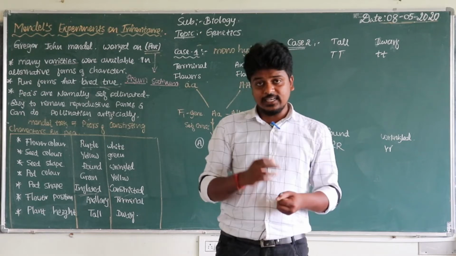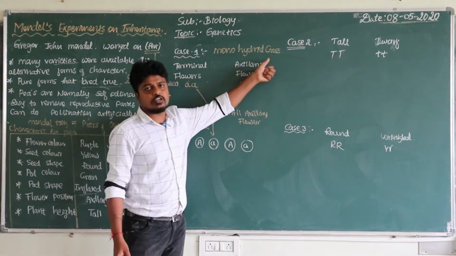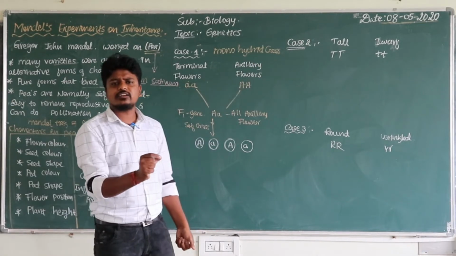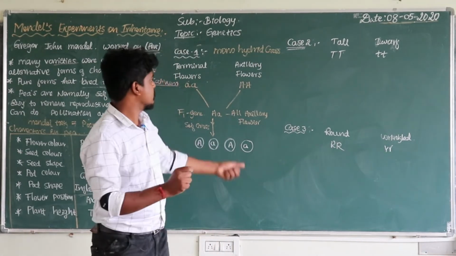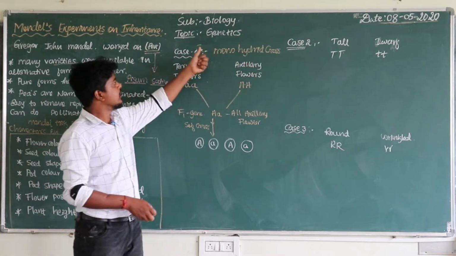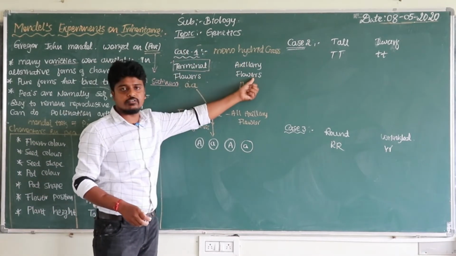Have you understood? So let us start with the first case, monohybrid cross. Monohybrid cross, when you select a single character, that's called a monohybrid cross. In that monohybrid cross, the terminal flowers and the axillary flowers.